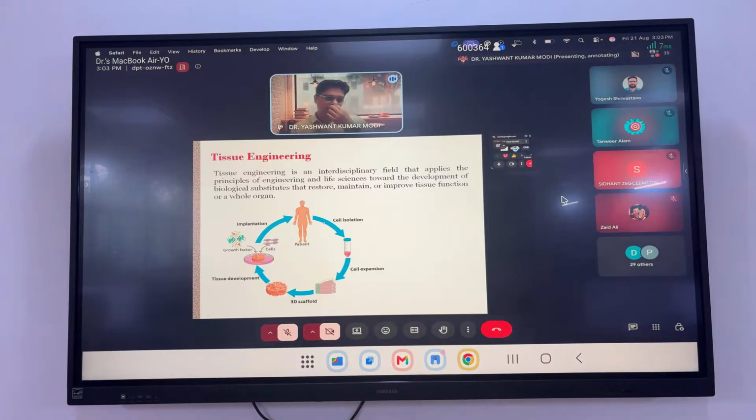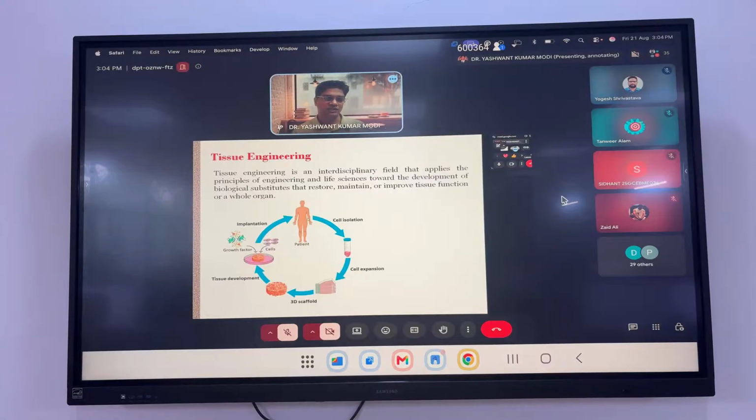So there may be two types of tissue engineering we may perform: one is in vitro and the other is in vivo. In in vitro cases, we isolate the cells from the human body and then expand them in the lab, and then seed them onto the 3D scaffold, and it grows inside the laboratory. Finally, once it is fully grown, it is implanted inside the human body.